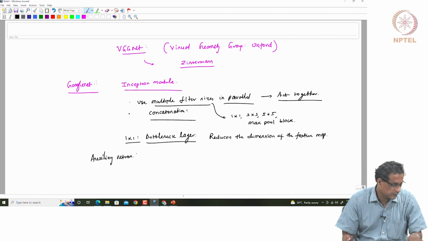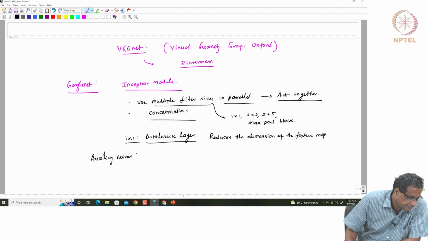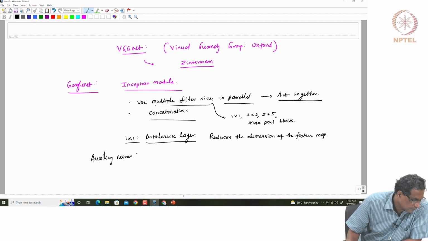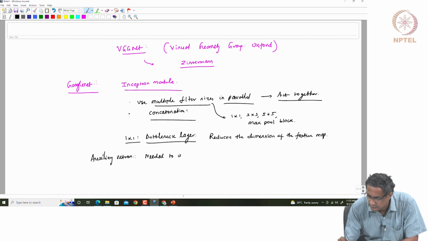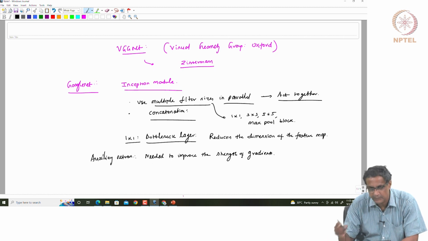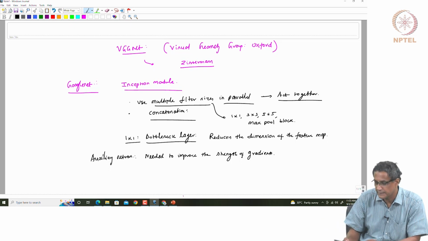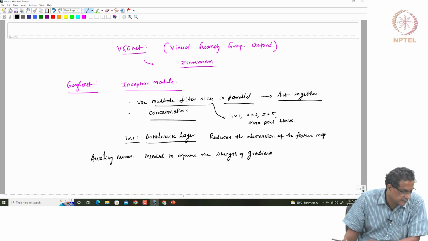The auxiliary network is mainly needed to improve the strength of the gradients, which means that it has a classification loss, by the way. That is why it is able to improve the strength of the gradients.